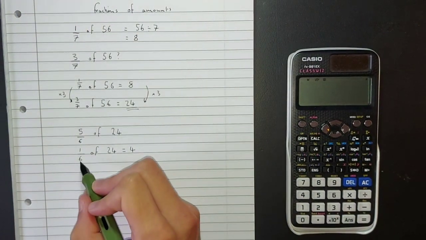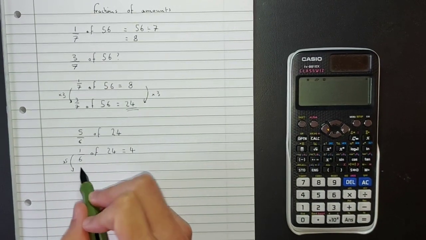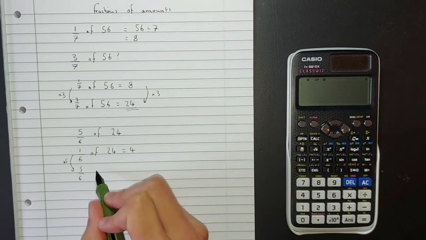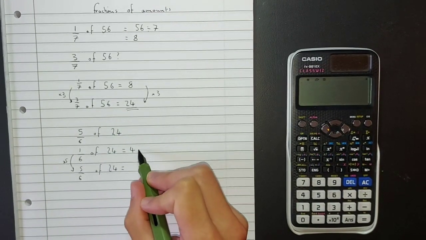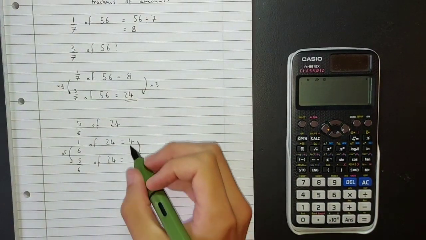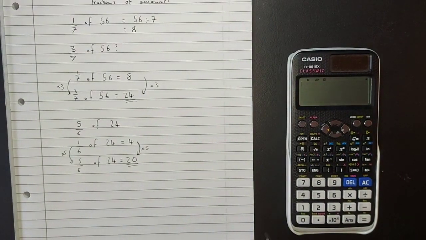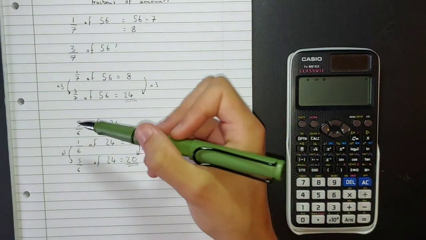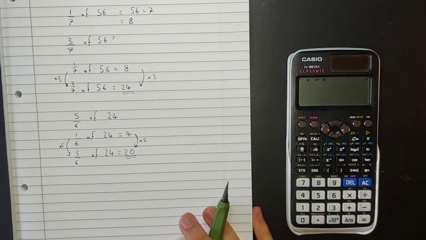Now we don't want 1/6, we want 5/6. So we're going to take this and multiply it by 5 to find out what 5/6 is. And we do the same to our 1/6 of 24 to get 5/6. So we get an answer of 20. So you find out what one of the 1/6 is, and then you just times it by 5 to work out what 5/6 is.